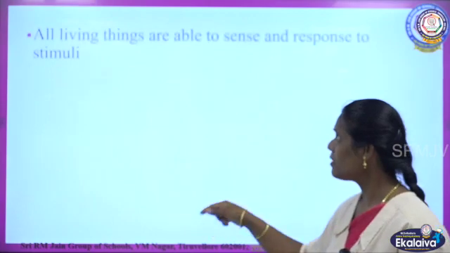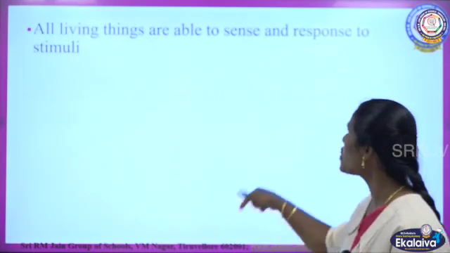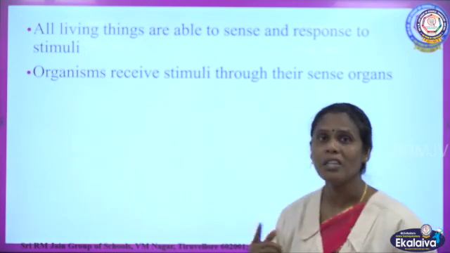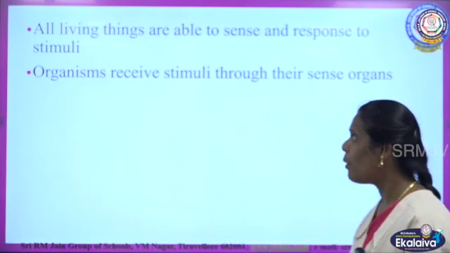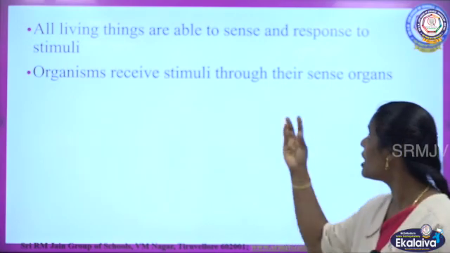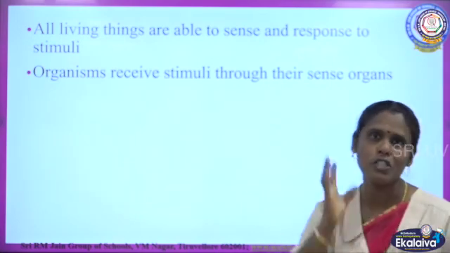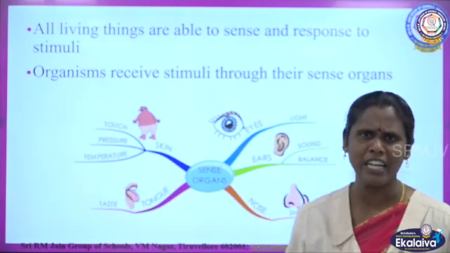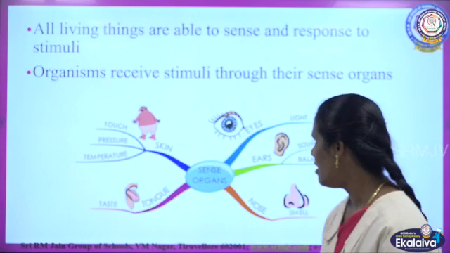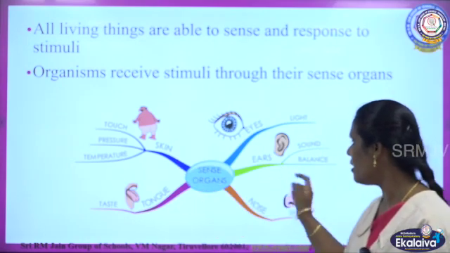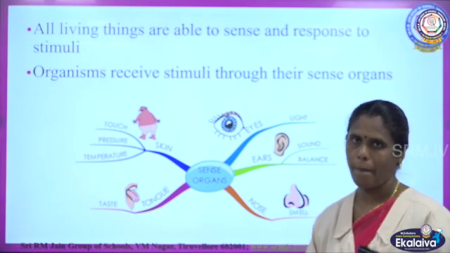Here, all living things are able to sense and respond to stimuli. How? Usually, organisms receive stimuli through their sense organs. Human beings have 5 different kinds of sense organs: skin, tongue, eyes, ears, nose.